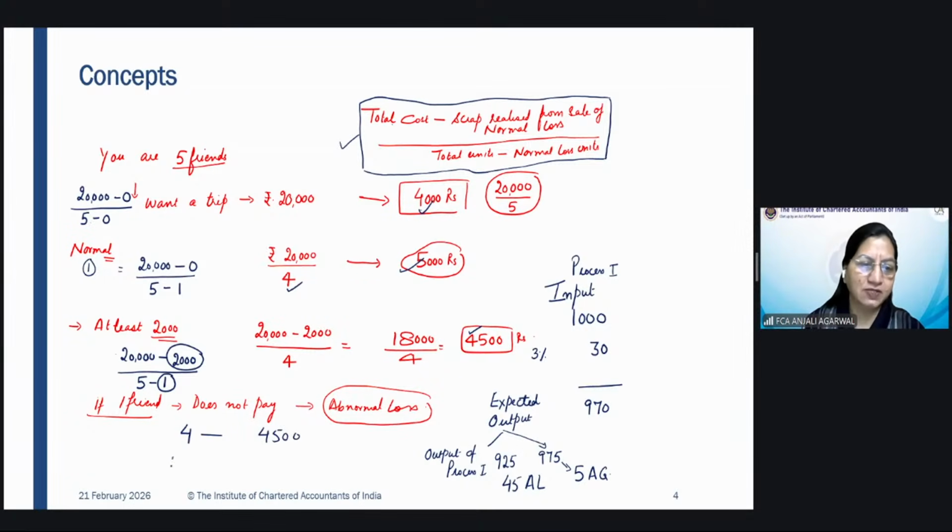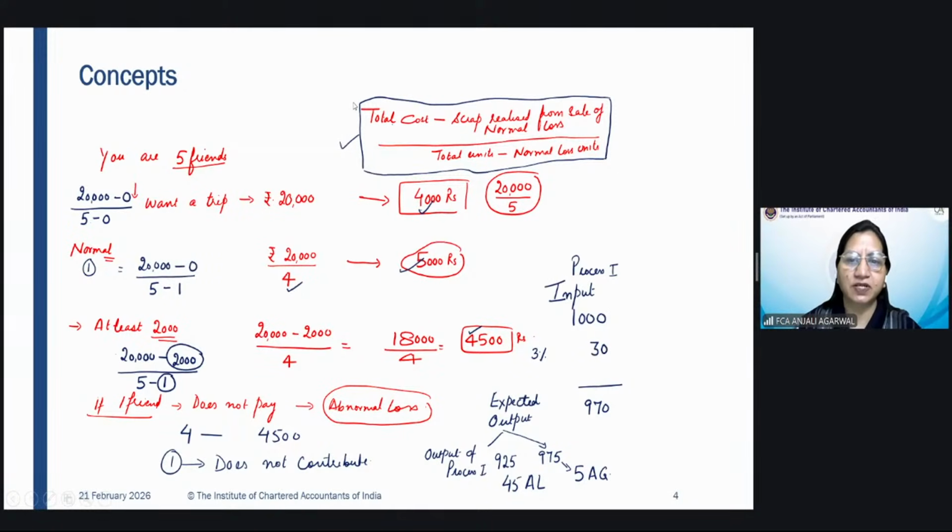Now, if one friend is not able to contribute at all or does not contribute again, this you had not expected. So you will treat entire 4,500 as the loss. 4,500 becomes the abnormal loss. You will not do again that 20,000 minus 2,000 minus 2,000 divided by 3. No, we will not change our standards again.